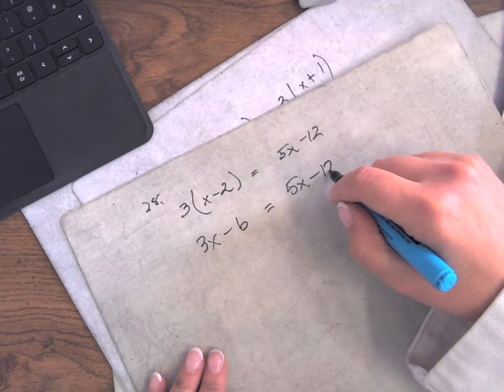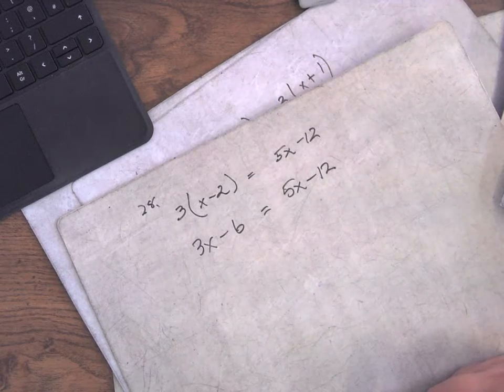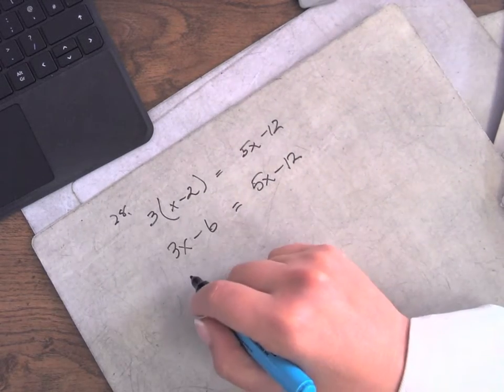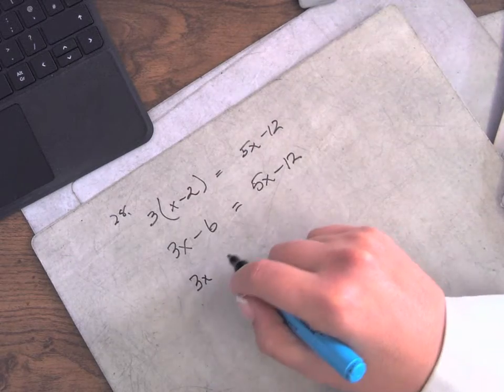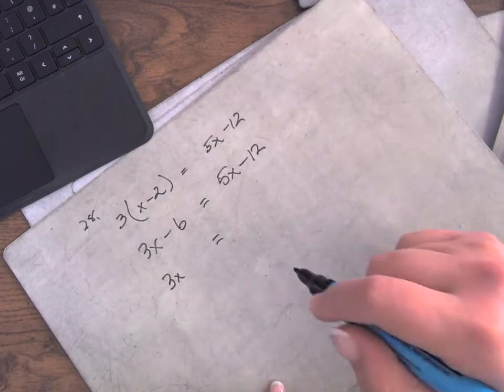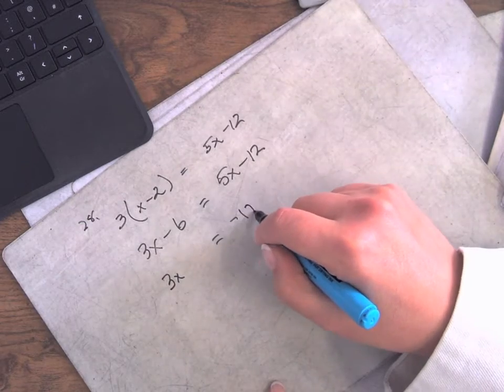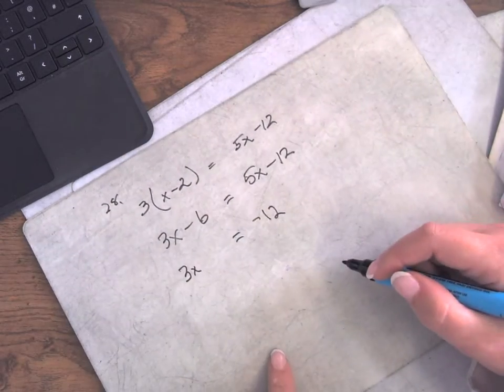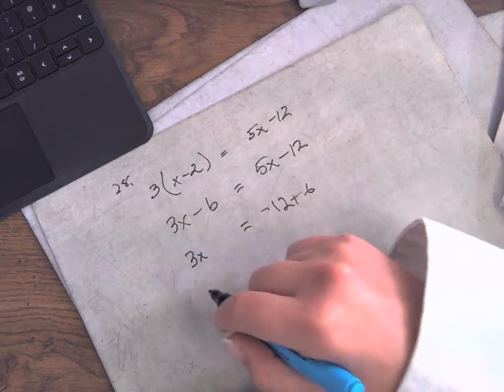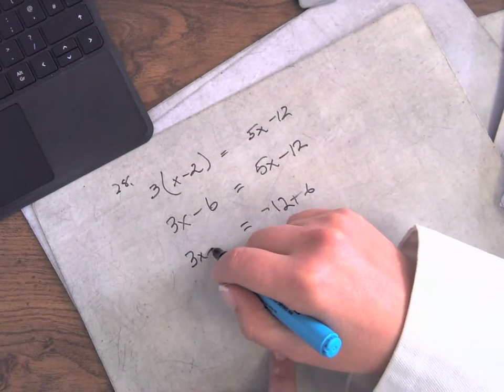Call out the next line, Medicine. X is on one side, numbers on the other. And you move the minus 6. Yes, very good. Minus 12 is over here. So move the minus 6 over, it becomes a plus 6, and move the 5X the other way and it becomes a minus 5X.